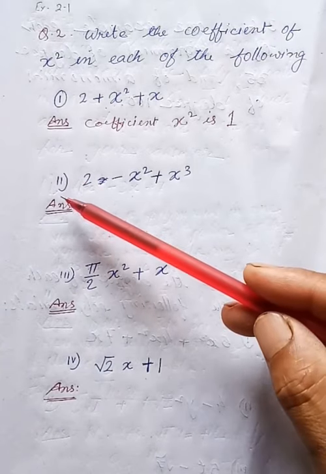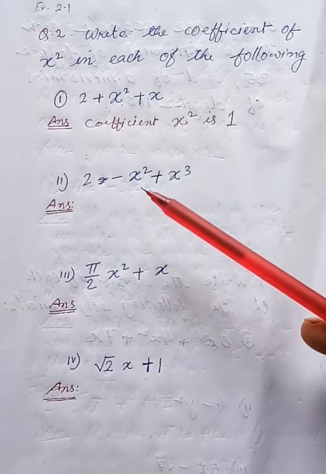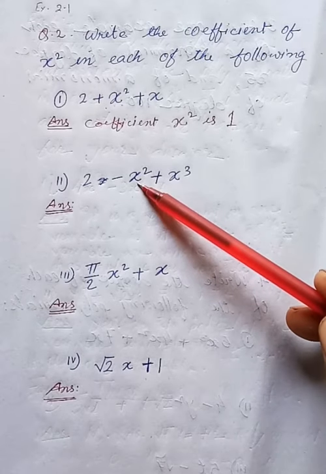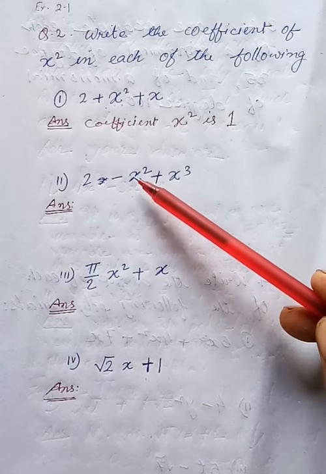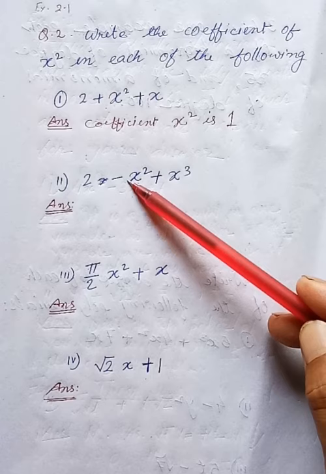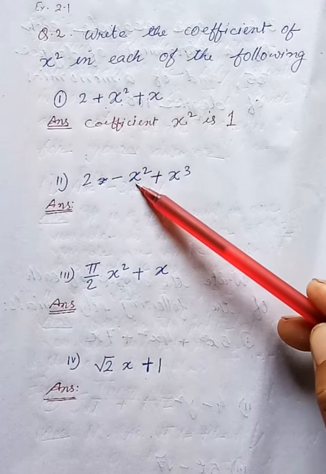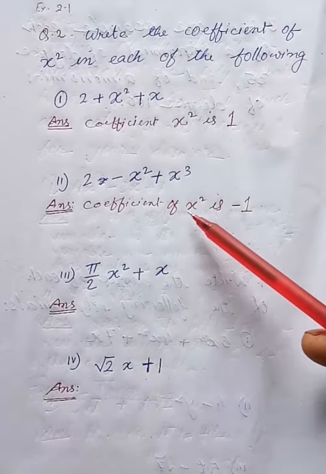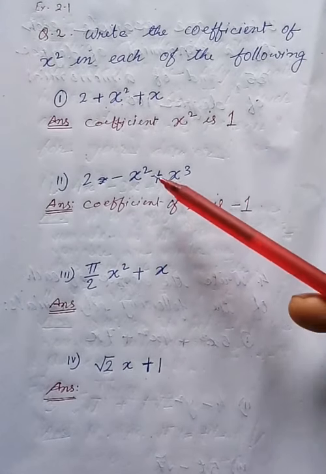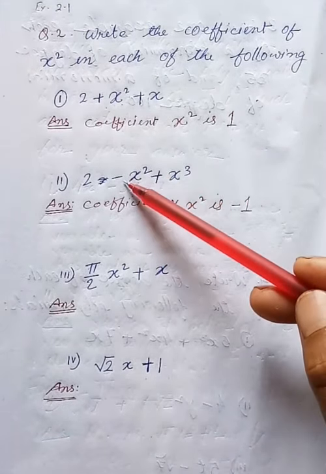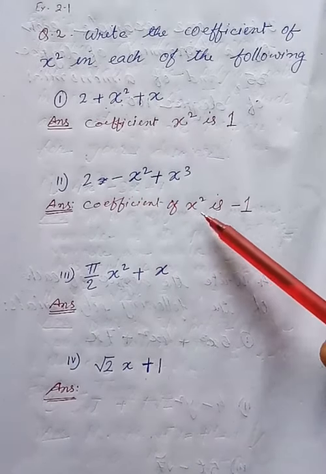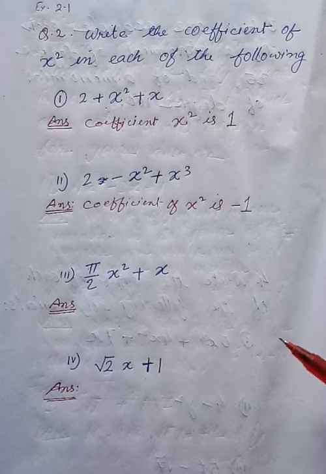For the next also the same: you observe where the x square is, and here -1 is the coefficient of x square. So the coefficient of x square is -1.